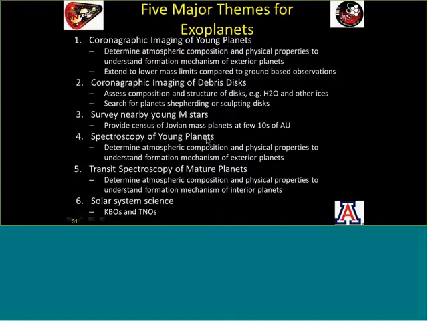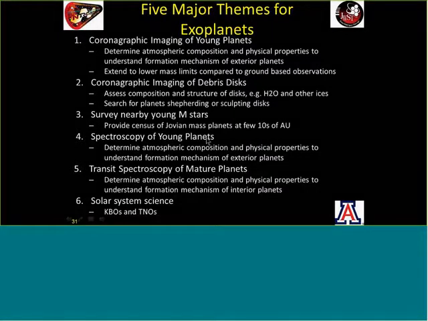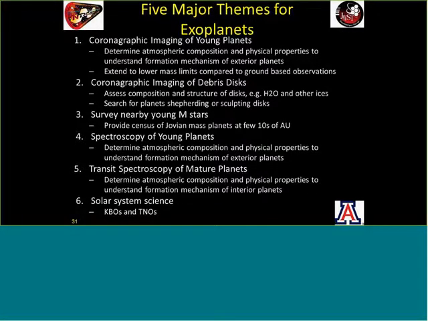We have a program to actually take some of the known systems known from ground-based AO work and actually take a planet or two that are separated enough from the parent star and just get a direct spectrum with NIRSpec. There are a few cases where that may be possible. And then a big program of transit spectroscopy.